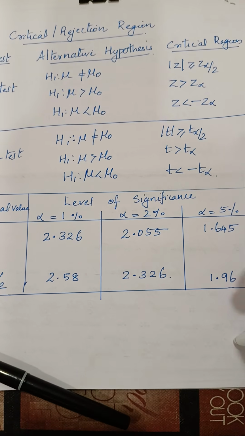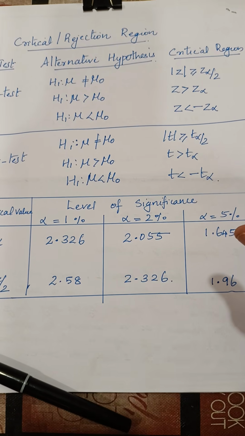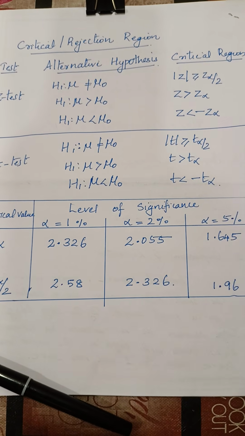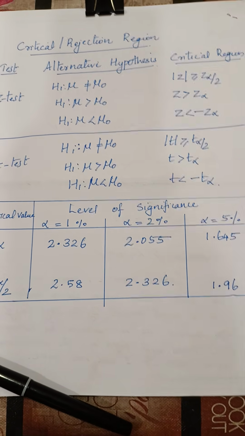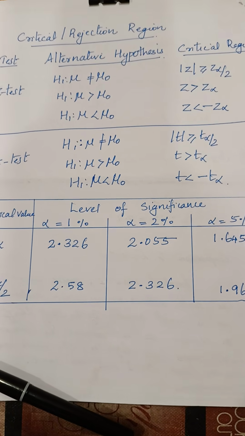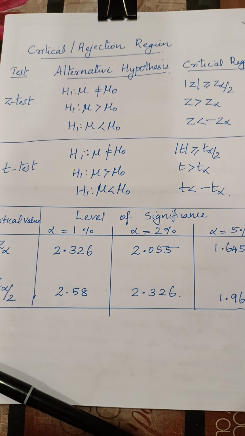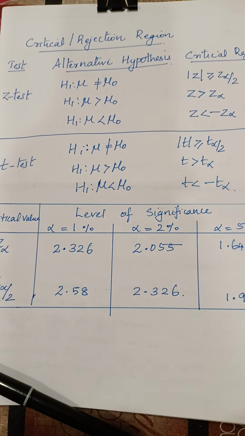And while conducting the Z test, the value of alpha usually will be taken as 1%, 2% or 5%. So you can refer to standard normal tables for finding the value of Z alpha or Z alpha by 2. Otherwise you can learn these values by heart so that you can directly apply them in the problem.